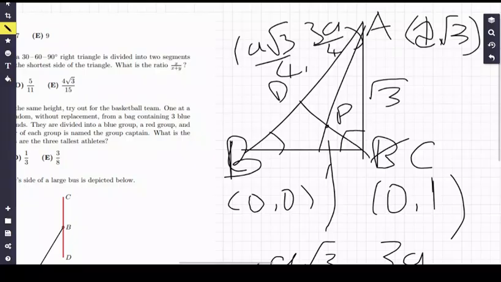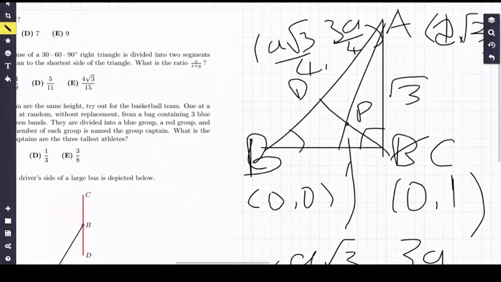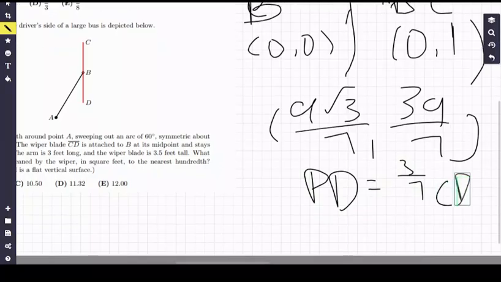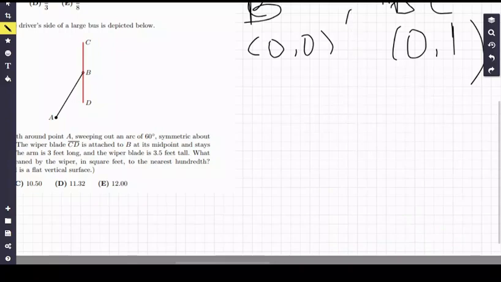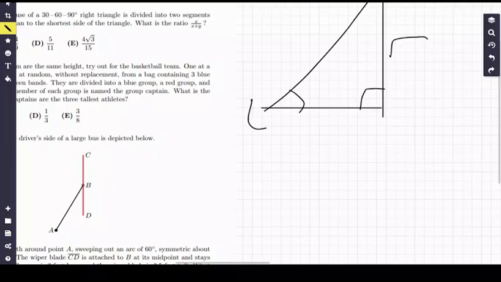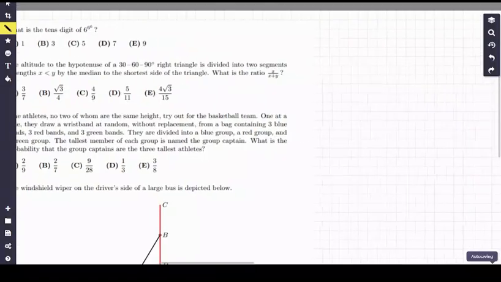Since x is smaller than y, PD is 3/7 of CD, and CP is 4 over 7 of CD. You divide everything out and you get 3 over 7, which is what I got. I drew this diagram a little more stupidly because I didn't understand the question at first. But yeah, this one should be 3 over 7, which is A.